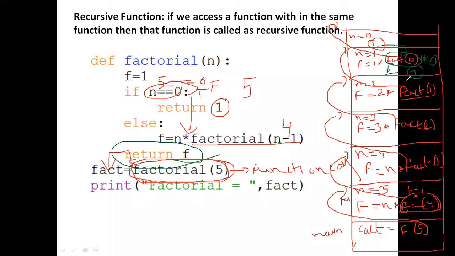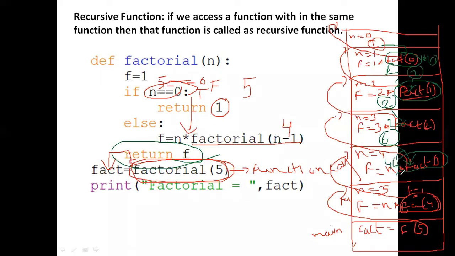This 1 is written in place of factorial of 1. 2 into 1 is 2, so return this 2 to the calling function. 3 into 2 is 6. Now the 6 is assigned to the calling function, in the place of fact of 3.